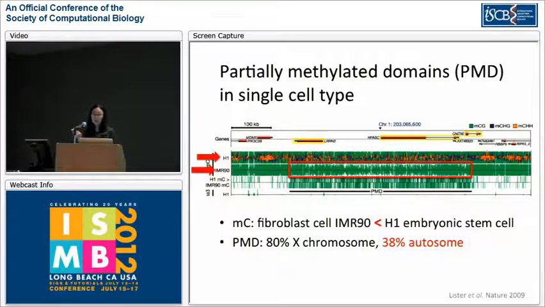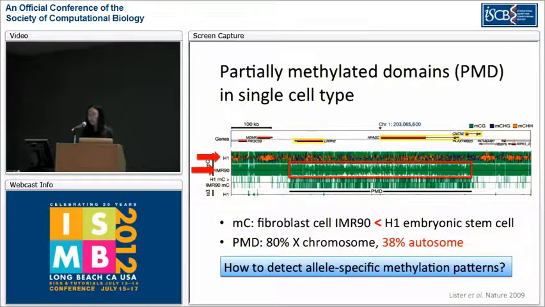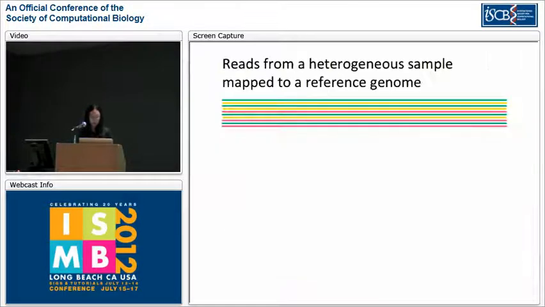So the immediate question is, what is the nature of this partial methylation? Might allelic differences contribute to that? In order to answer that question, we first need to know how to detect allele-specific methylation patterns. These two scenarios I just described are really one type of problem.